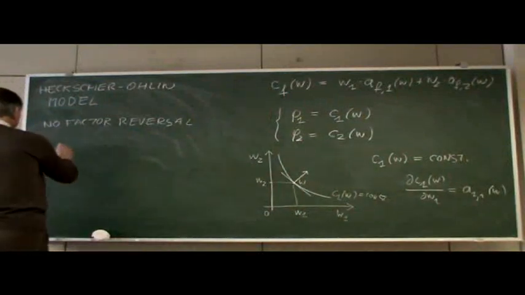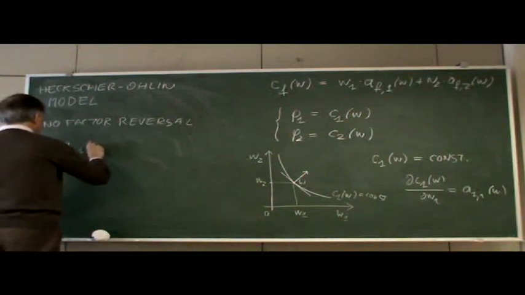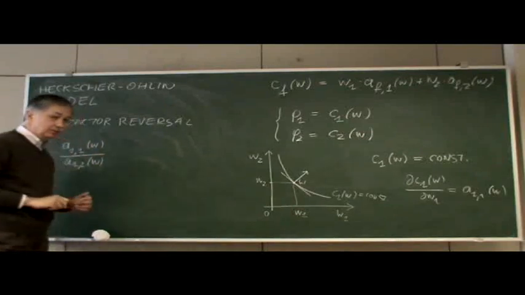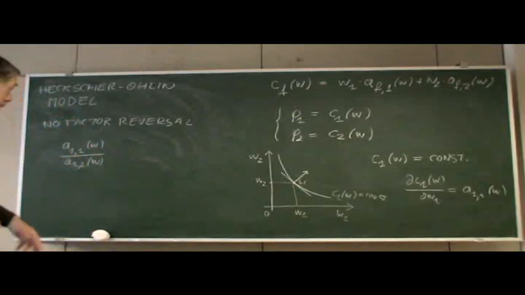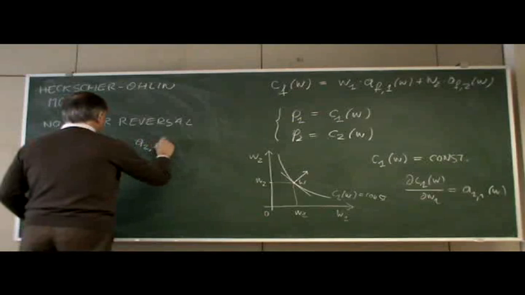It introduces the so-called factor intensity, which is nothing but the ratio of the optimal quantities of factor 1 and factor 2 in sector 1 and in sector 2.